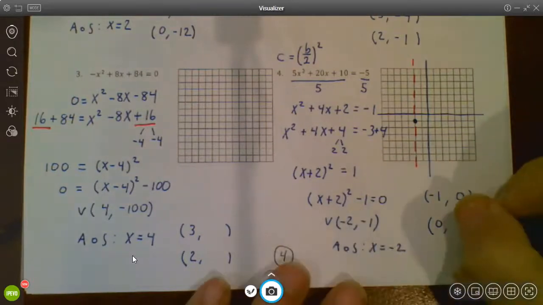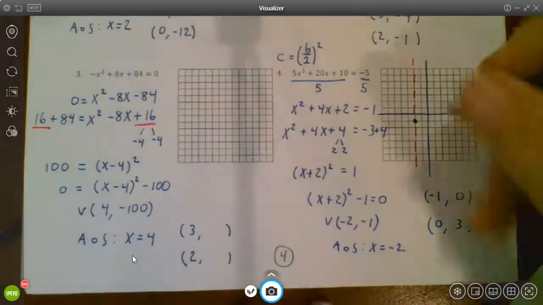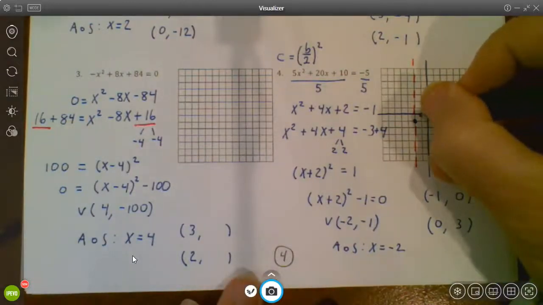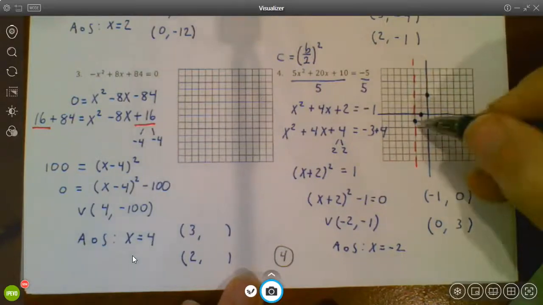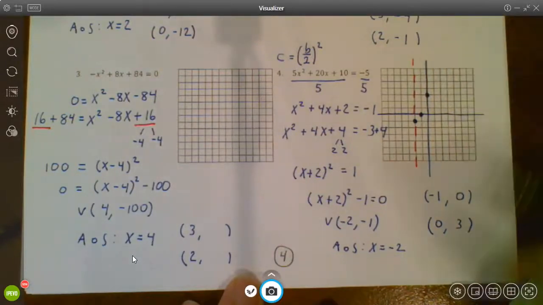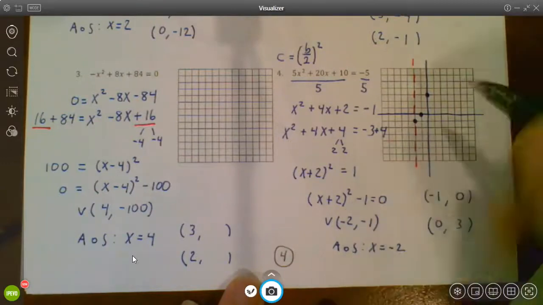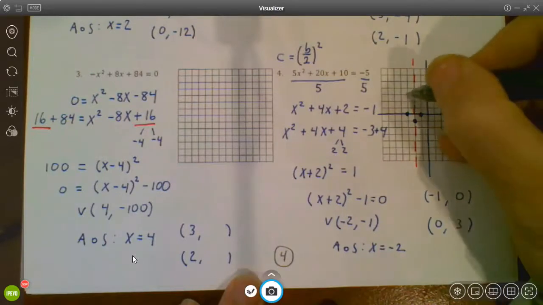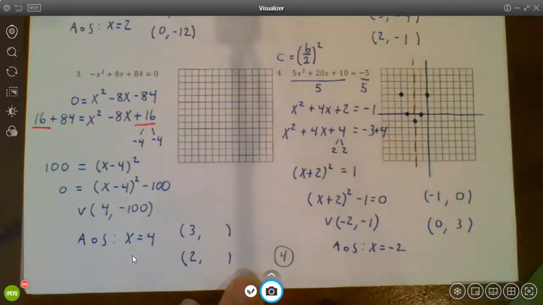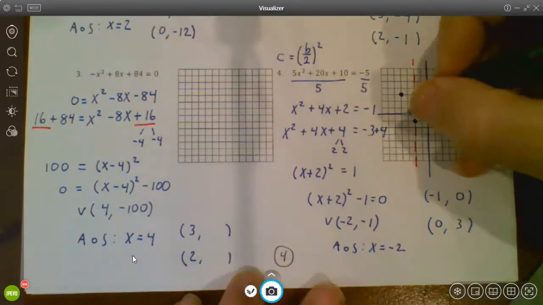Minus 1. So I have negative 1, 0. I have 0, 3. And so now I'm looking at the right side of my curve. All I have to do is mirror those to the other side. Right there and right there. And now we have our perfect parabola.